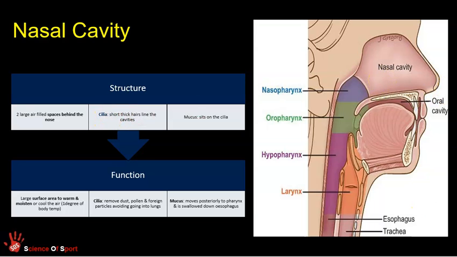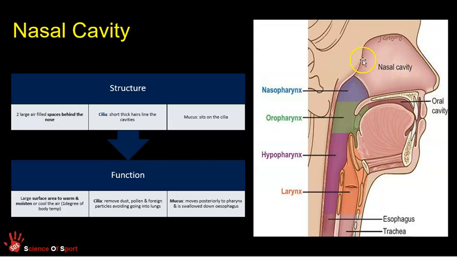So air in the environment is dirty, there's lots of particles in it, cold and dry, generally speaking. The advantage of breathing in through our nose is that our nose has little hairs, little cilia lining the nasal cavity. Now those little hairs filter the dust particles and the particles of stuff we don't want to go down into our lungs. So it's like a cleaning mechanism.